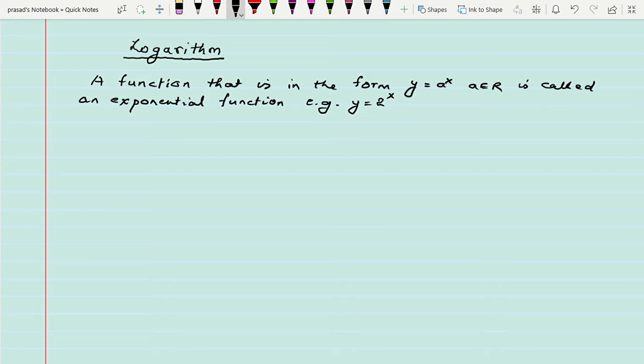Now, already you studied the inverse function. In the inverse function, what you do? You interchange the domain and range. That means you replace y by x and x by y.